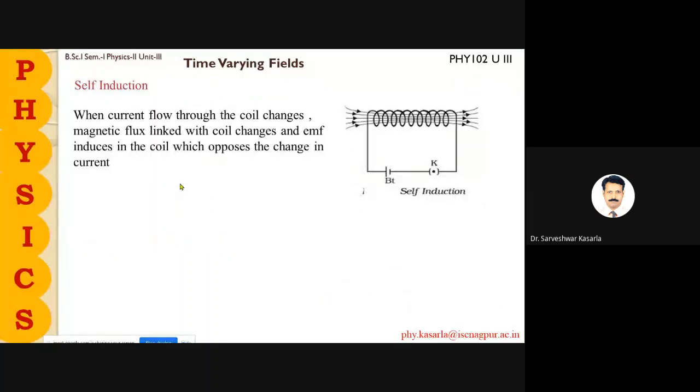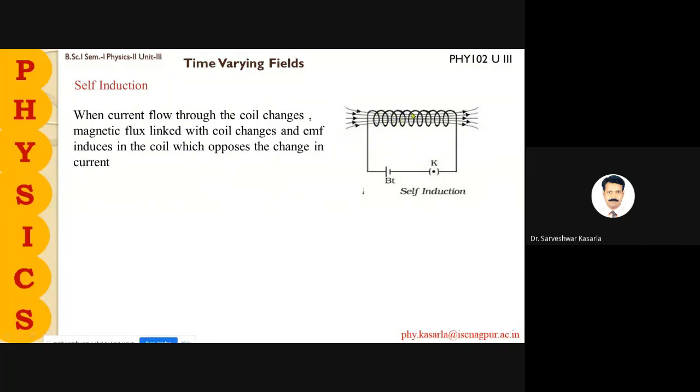Then self-induction. When we apply EMF to the coil, or when you start the current through the coil slowly, the current changes.